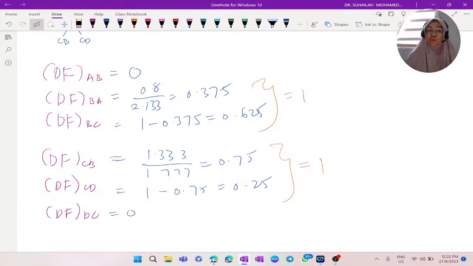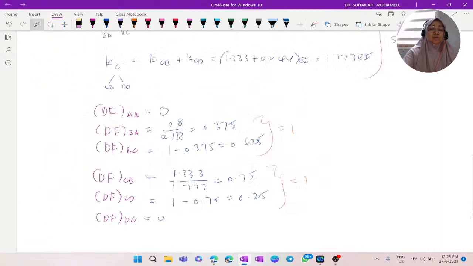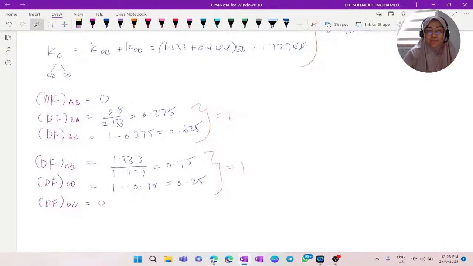That means when we total DFBA plus DFBC, we get 1, and DFCB plus DFCD, we get 1. We will use these distribution factors in the distribution table to distribute moment.